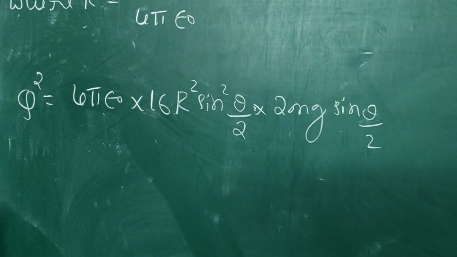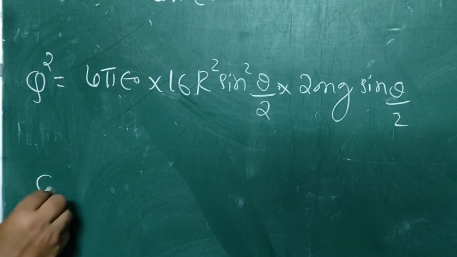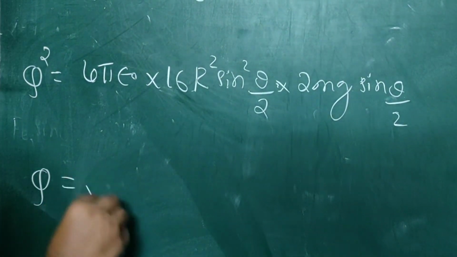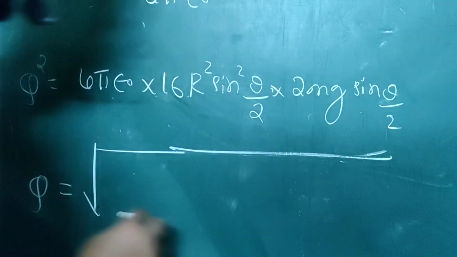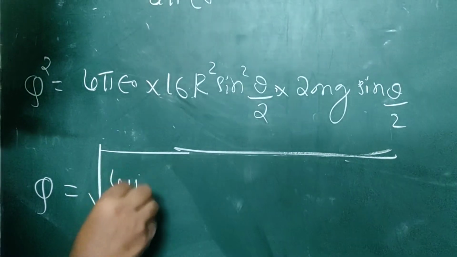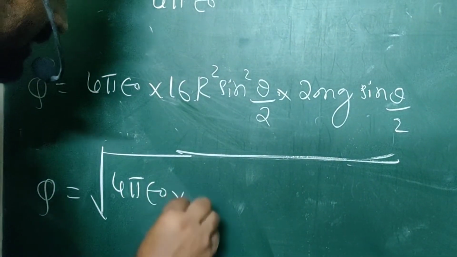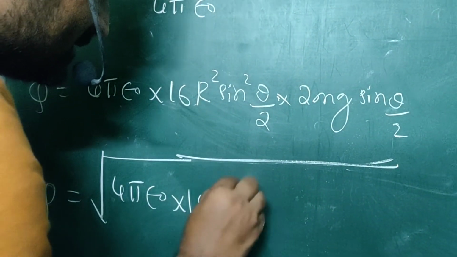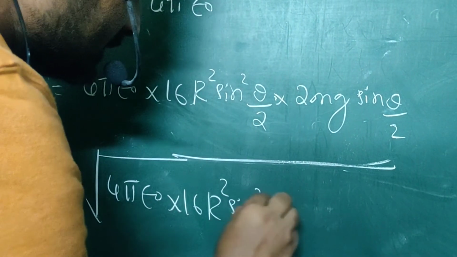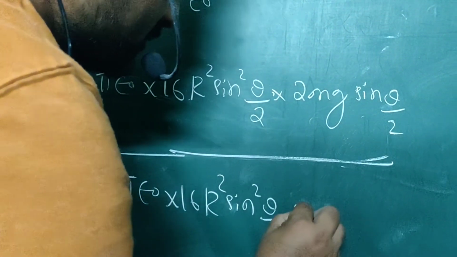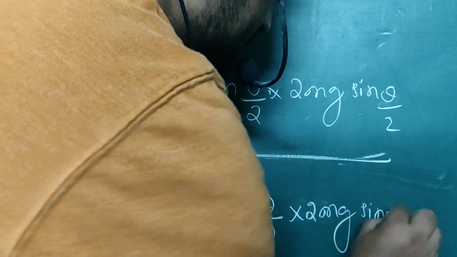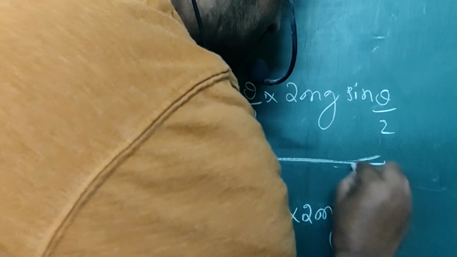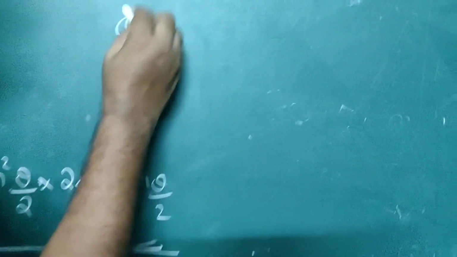Now let us solve for Q. Therefore, Q equals the square root of 4 pi epsilon naught into 16r square sin square theta by 2 into 2 mg sin theta by 2.